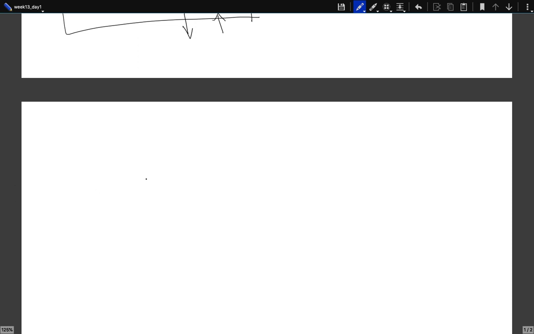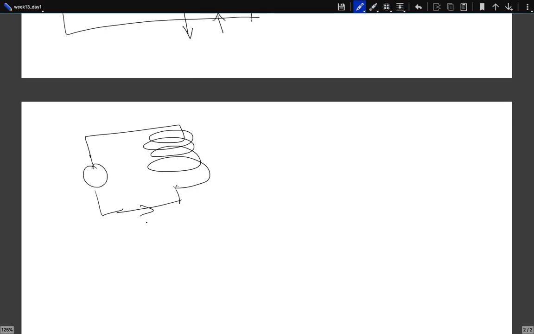So let's forget about the core. Let's just imagine you have whatever you like, some number of turns, and you have some power source, you send some current through it. And in the near vicinity, it might even be around it, you have another loop.